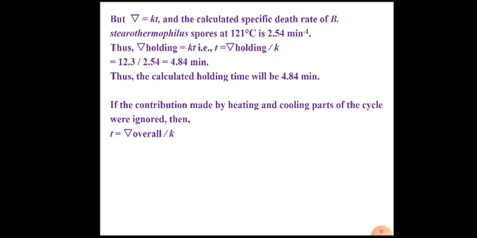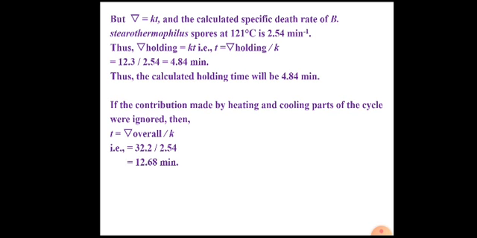So the same formula, t is equal to del overall. Why are we considering del overall? As I said, we are not considering the contribution of del heating and del cooling. So del overall divided by k. So it will be 32.2 divided by 2.54.